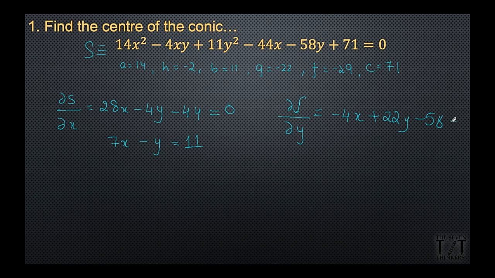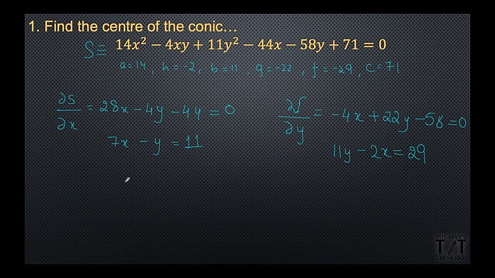And again we're going to equate this to 0, and hence by taking 2 in common we'll get 11y minus 2x is equal to 29.